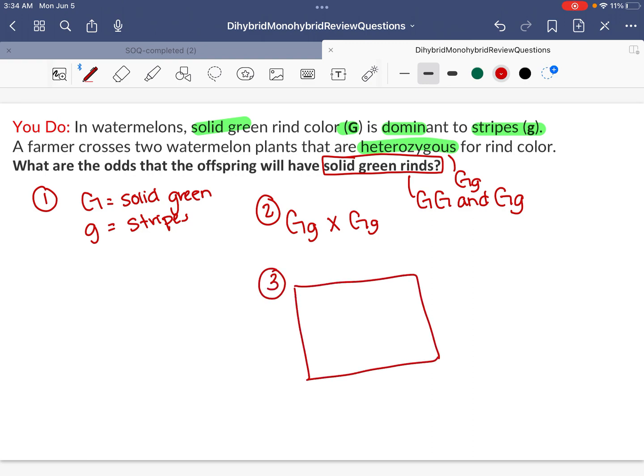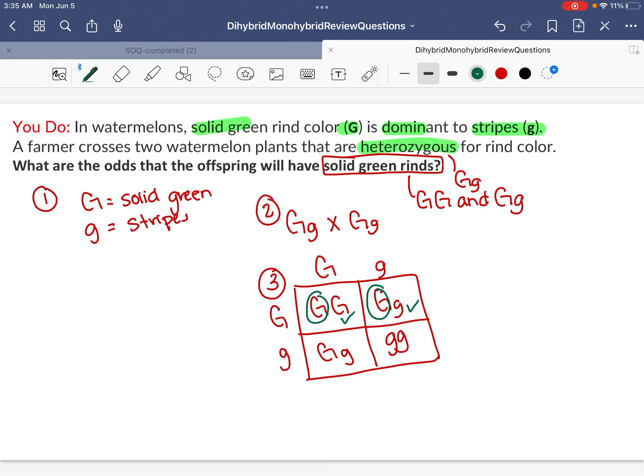You set up your monohybrid and then identify how many out of the 4 will have a green rind. So we can identify that 3 out of 4, also known as 75%, will have a green rind.